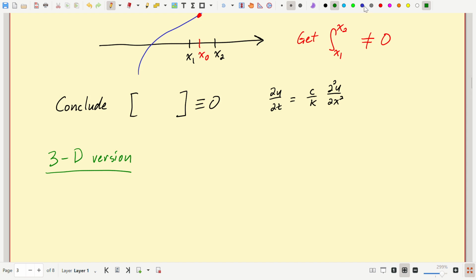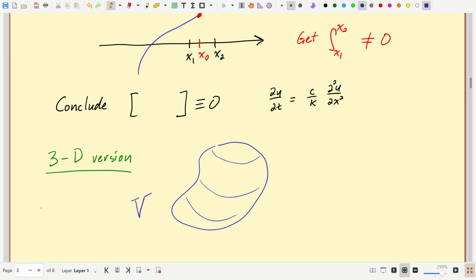Okay, so I'd get this blob, 3-dimensional blob. I'd call that my control volume. And then I think about the heat content.